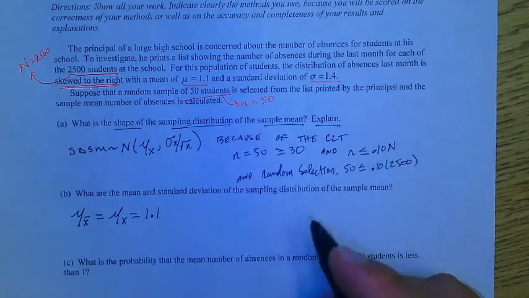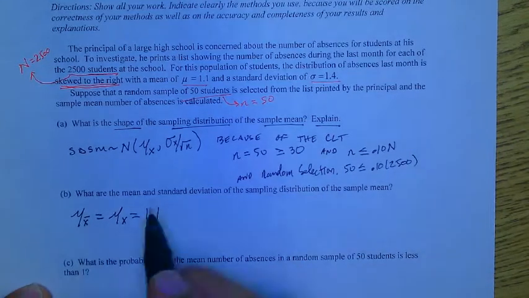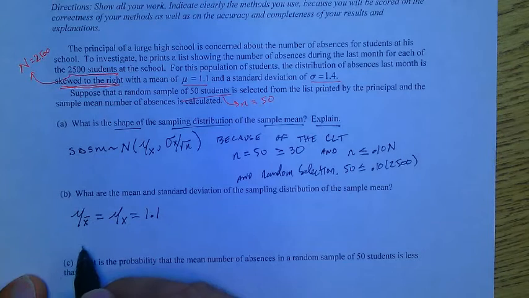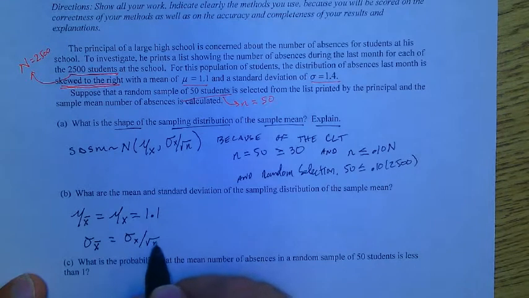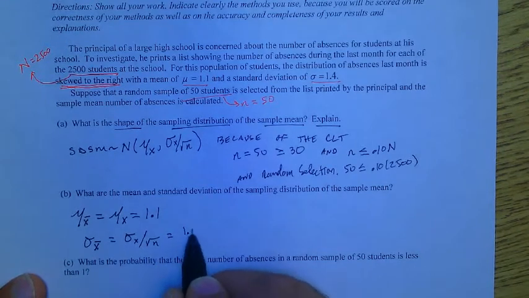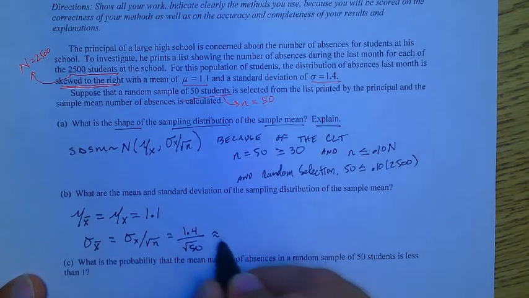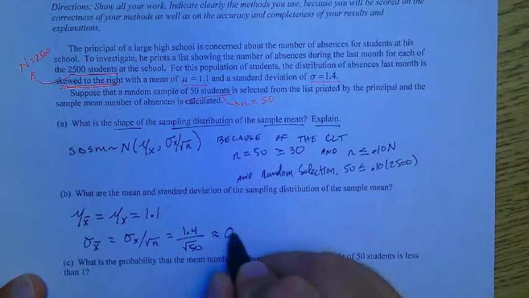And we also know that sigma of x bar is equal to sigma x all over the square root of n, which is 1.4 divided by the square root of 50, which is approximately 0.198.